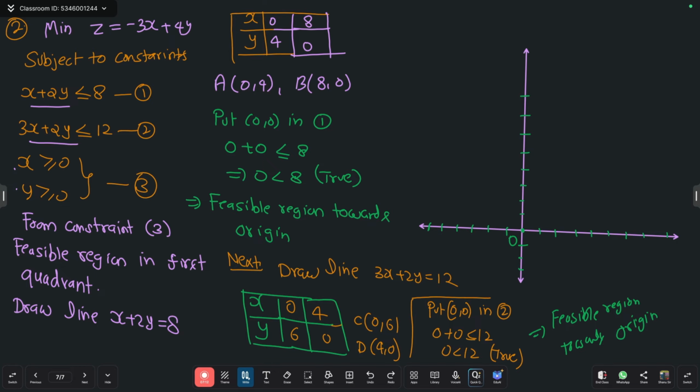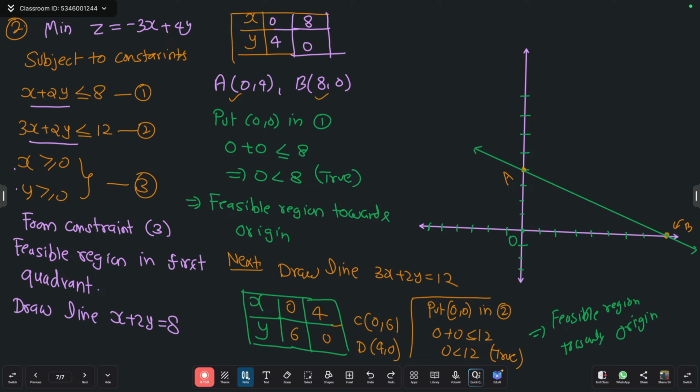Now put these points: A point, 0 comma 4 on the y-axis, 1 2 3 4. This is A, 0 comma 4. Now where is B? 8 comma 0. Here is B. I will join A and B, and it's a line.